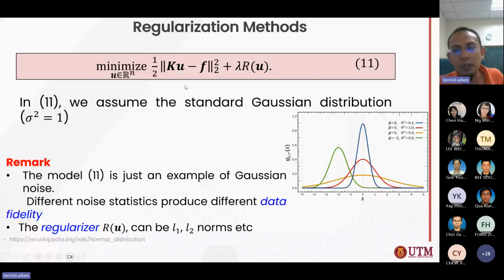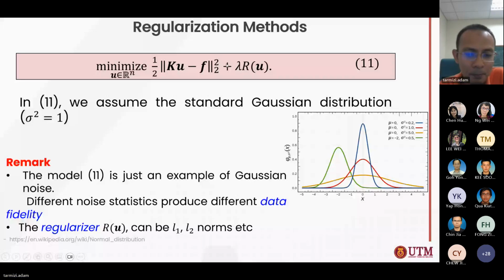If you look into this equation 11 over here, if you minimize this for image restoration purposes, it's going to be more suitable for images that are corrupted with Gaussian noise.